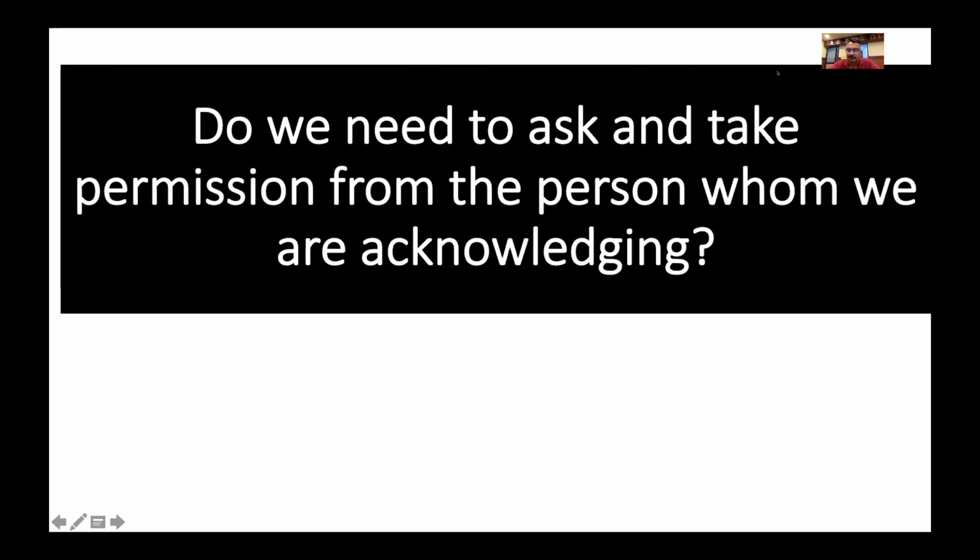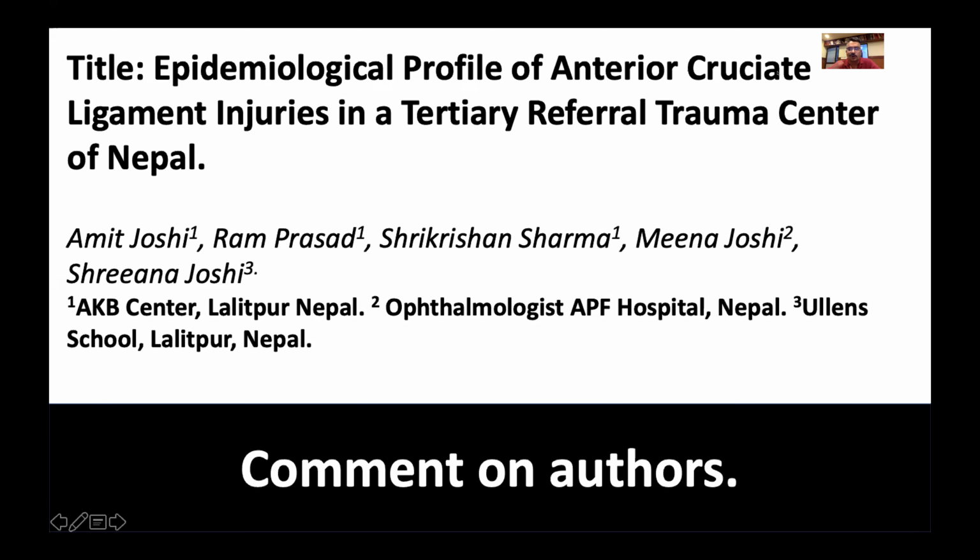Okay, so another common mistake that we have seen in many of our papers is this. Deepak, can you just look at this authorship and, as an editor, try to dissect it? I can see 2 affiliations among the authors. One is from the Ulen School, Lalitpur, Nepal, and the other is an ophthalmologist from APF Hospital.